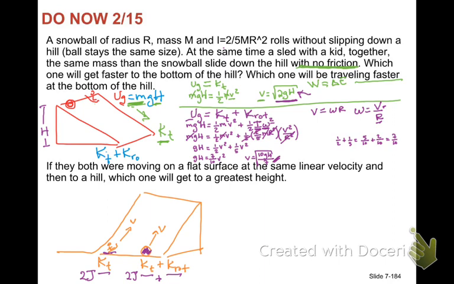Whatever else it has as rotational kinetic energy will be added to those 2 joules. So definitely the snowball has much more energy available to go up. And since it has more energy available, it will go to a higher height. So maybe the snowball goes up to here, and the sled just goes up to here. The reason is the snowball has more energy available.